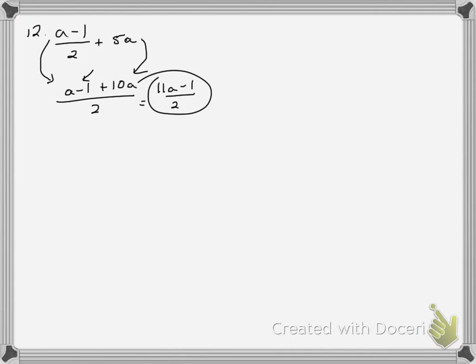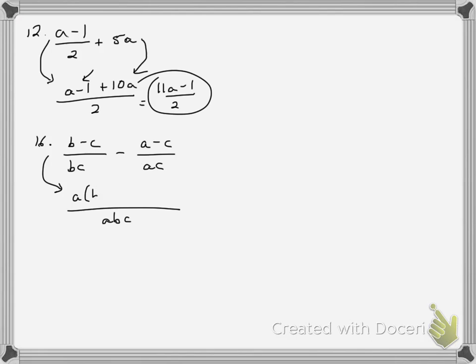Let's pick some other even numbers. Let's go 16. We get b minus c over bc minus a minus c over ac. So my common denominator will be BC times the A, so it'd be ABC. In my first term, I need to multiply by A. In my second term, I need to multiply.